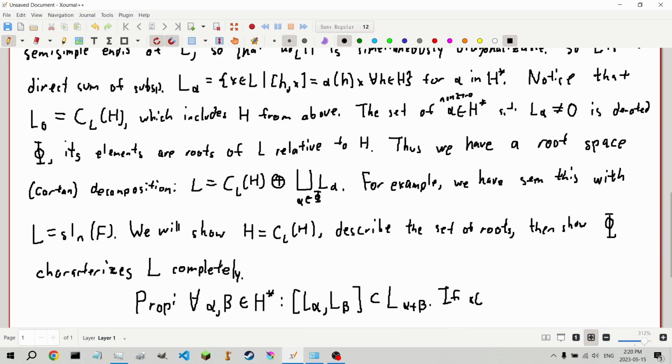If x is in L_alpha, with alpha being non-zero, then the adjoint of x is nilpotent.